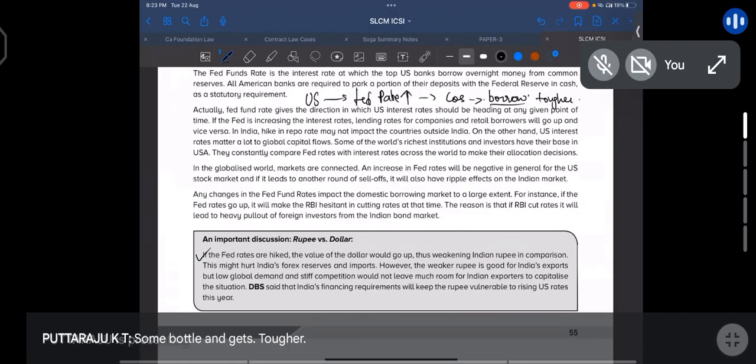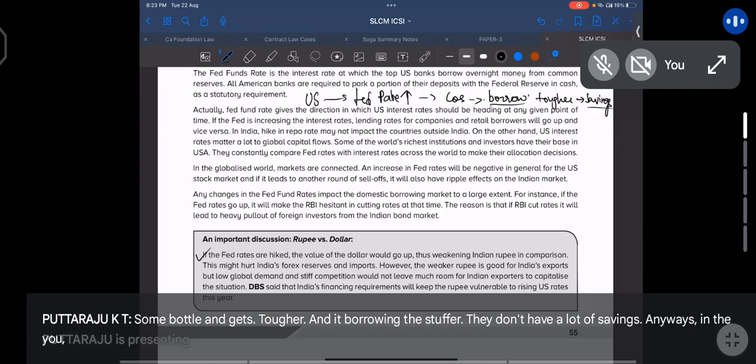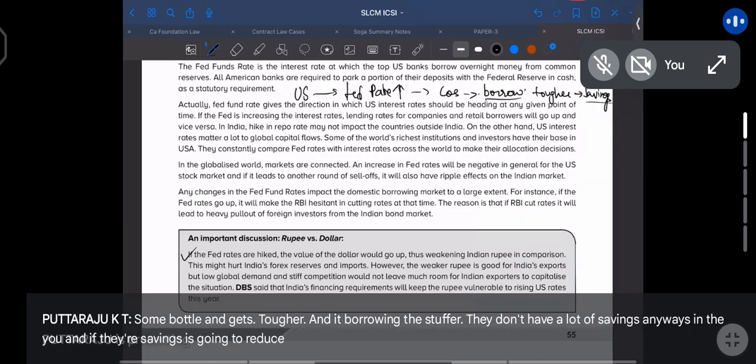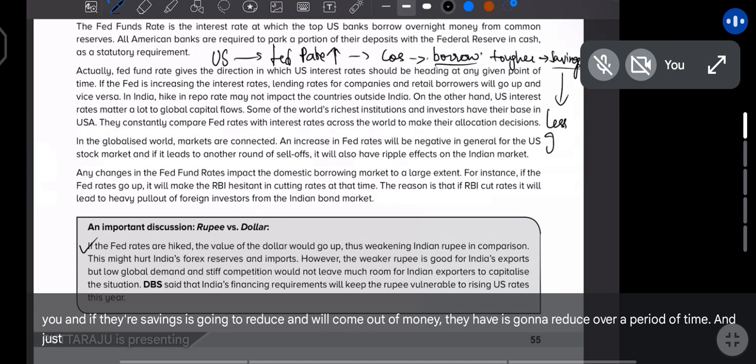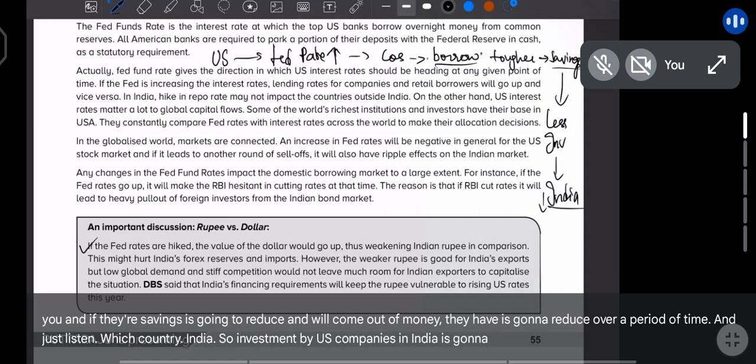And if borrowing gets tougher, they don't have a lot of savings anyway in the US. And if their savings reduce, the amount of money they have is going to reduce over a period of time, and they will invest less and less. In which country? India. So investment by US companies in India is going to go down.